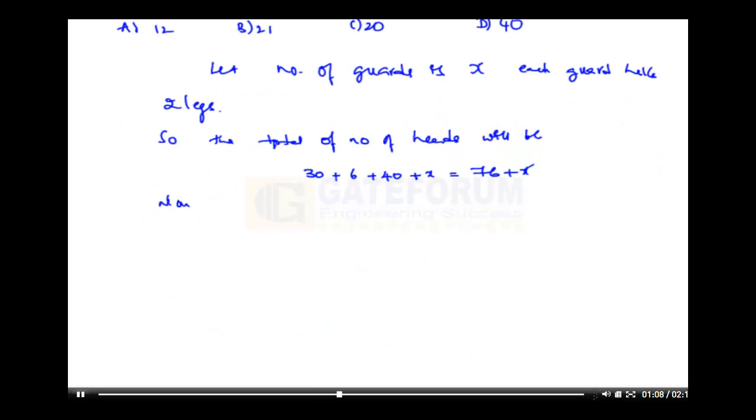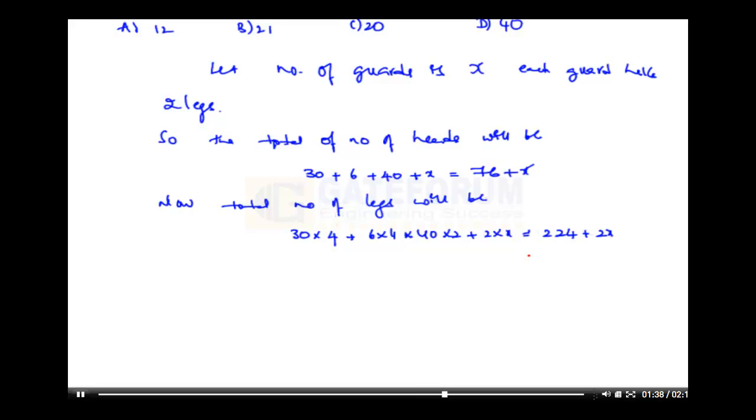Now the total number of legs will be: a sheep has 4 legs, so 30 into 4, plus a pig has 4 legs, 6 into 4, and a hen has 2 legs, 40 into 2, and the guards have 2 legs, so 2 into x. That is nothing but 224 plus 2x.